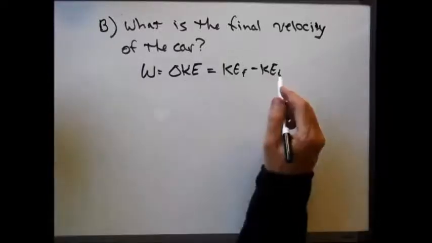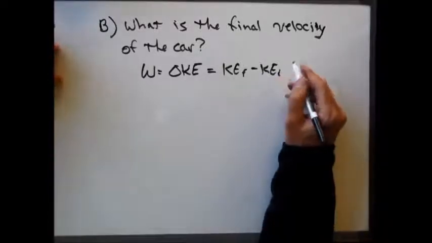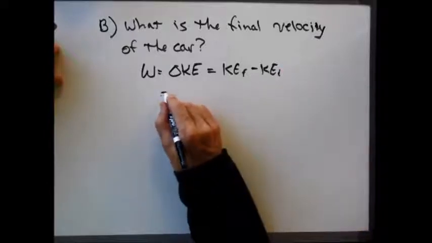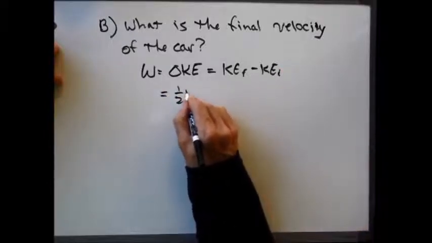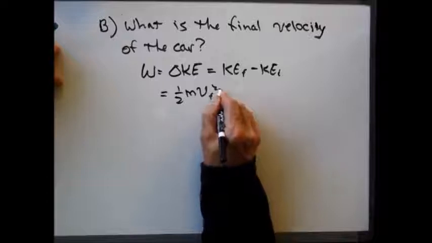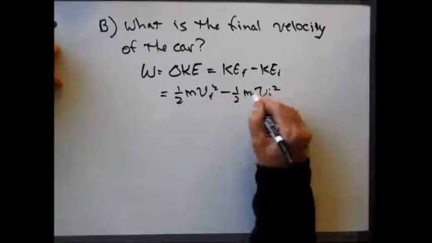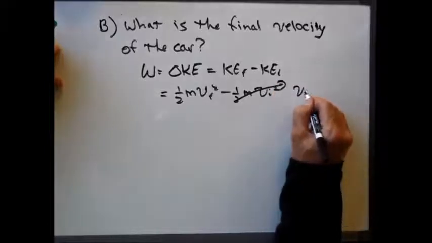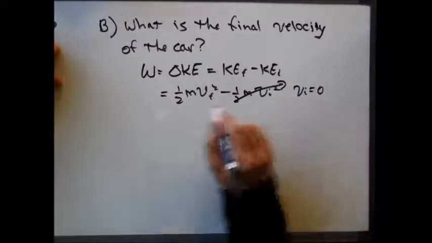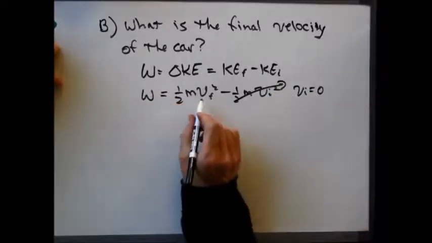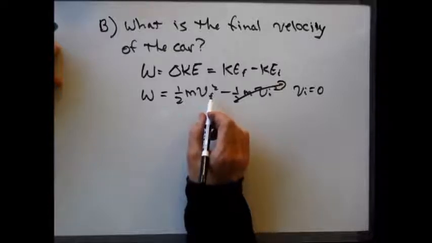And so when it starts, its initial velocity is 0. So we can write it this way: 1/2 m v final squared minus 1/2 m v initial squared. But this term is 0 because v initial is equal to 0. And so that just says the work done is equal to 1/2 m times v final squared.